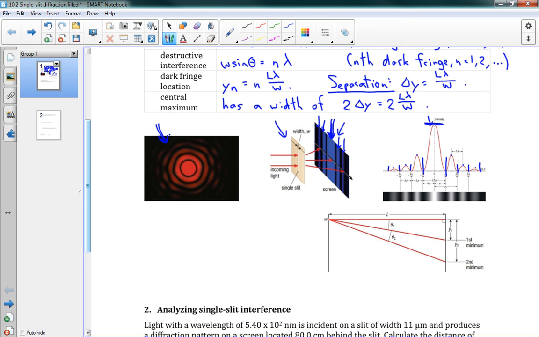And so you can see that the dark fringe, we would have an angle at 1 lambda, 2, 3, 4, -1, -2, like this. And we don't have one at 0. So that means that we have light fringes in between the dark fringes. At the very center, we have one that's twice as large because we don't have a dark fringe right at the center.